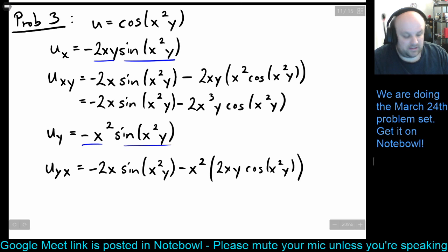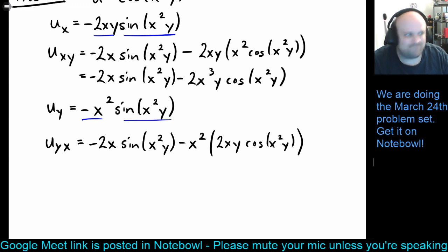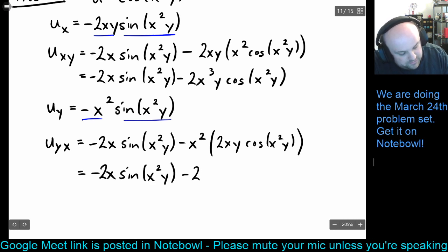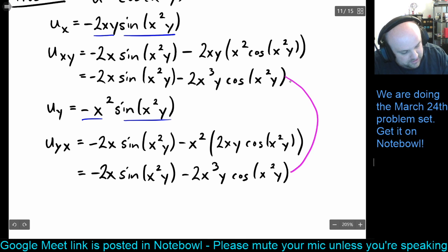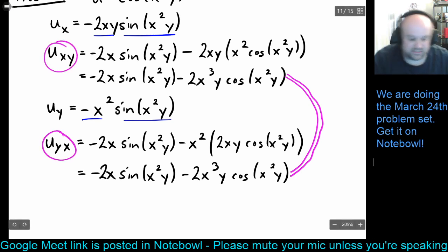And again, you can probably already see the answer at this point. Like I said, it's really just a convenience factor to double check everything. If we multiply this out, we get minus 2x cubed y cosine of x squared y. So as we were supposed to have, these two are in fact equal to each other. That's what we expected.